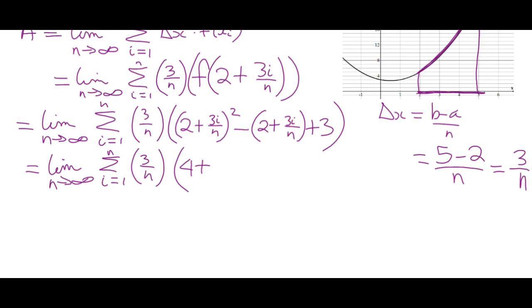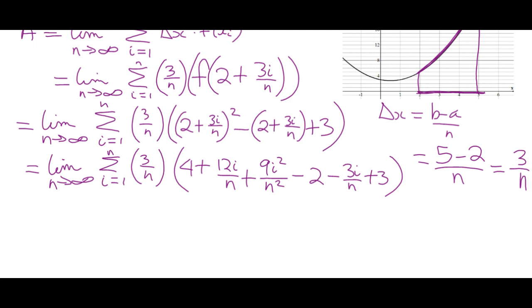It's first term squared, first term times the second one, times 2. So it's 2 times 3i over n is 6i over n, doubled is 12i over n, plus 9i squared over n squared, minus 2 minus 3i over n plus 3.